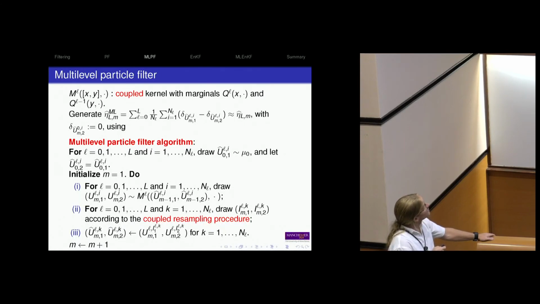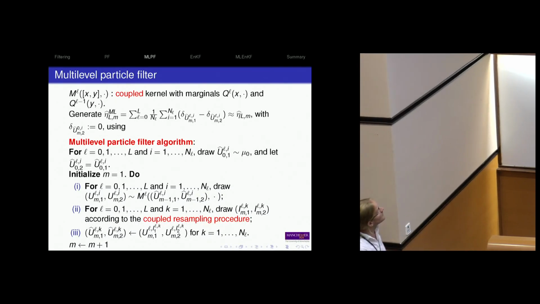And then what we want to do is generate this multi-level approximation for each time point n, approximation of the level L time n filter. And so then the multi-level empirical measure is given by the sum over levels of empirical estimates of increments.